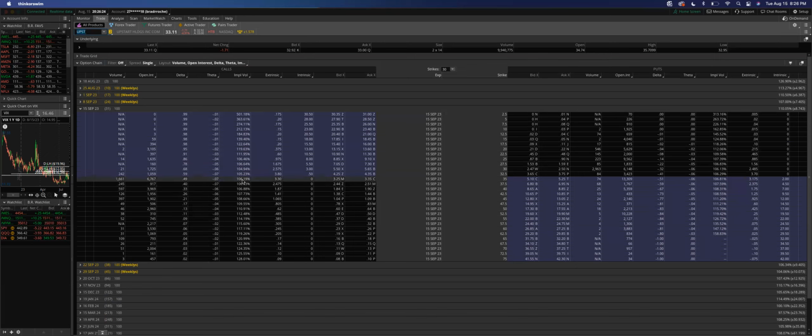So if this flushes to 50, you're going to lose a lot of money on your contracts because the implied volatility went down, so they will be worth a whole lot less. Even if the stock goes down 10%, you're going to be losing money on your contracts just from holding them because the implied volatility is going down.